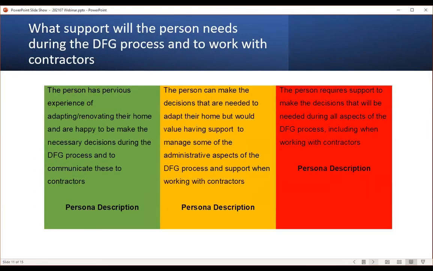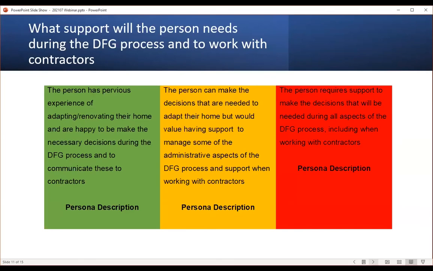What support will the person need during the DFG process and to work with contractors? I think we're all doing remodeling jobs more and more now, particularly during the lockdown, so people are really experienced with renovating or remodeling. And if they aren't, then often they have family members who are, and they're really comfortable working with contractors and sorting out the financial bit.